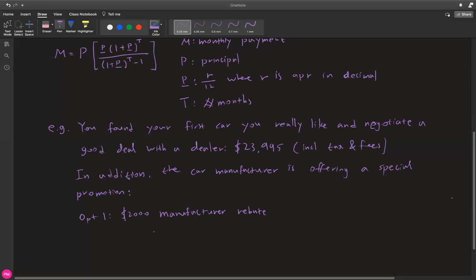But if you decide to go with the manufacturer's rebate, you have to go with the dealer's financing rate. With the dealer's going rate, let's say 6.48% APR for 60 months.